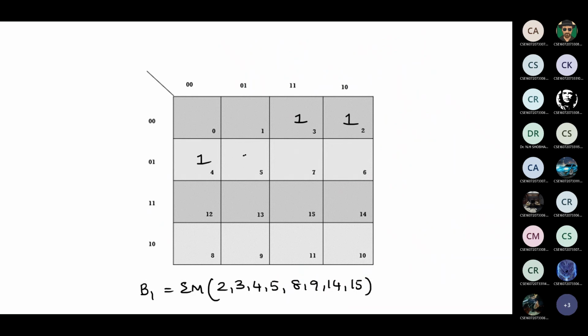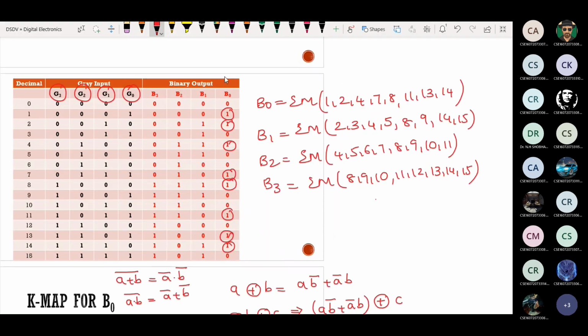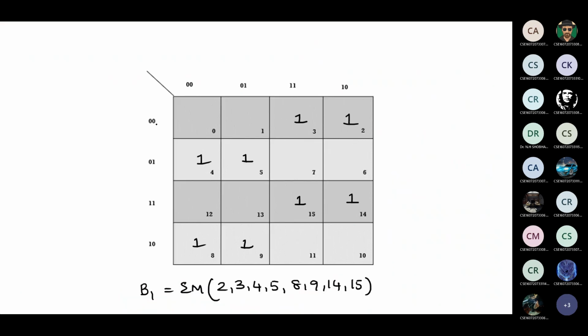Let me check once again the minterms for B1. This is 2, 3, 4, 5. Okay, 2, 3, 4, 5, 8, 9, 14, 15. Okay. Yes, tell me now. What are the inputs? What should I write here? Inputs are G3, G2, G1, G0.